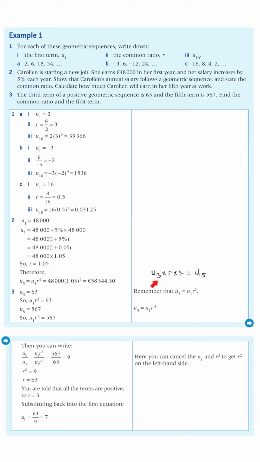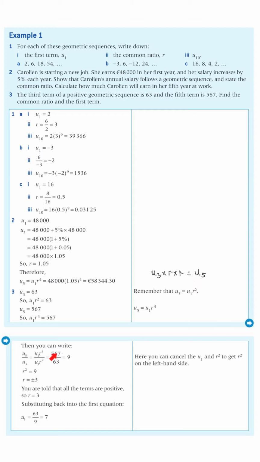But if you see it a bit more clearer, because these terms are so close together, we can just have a look and say, well, U3 times R is U4, and U3 times R R must be U5. We know U3 is 63, and we know U5 is 567. So R squared equals U5 on U3.